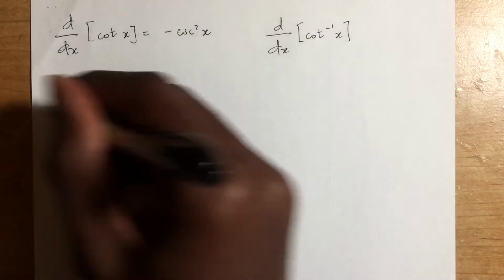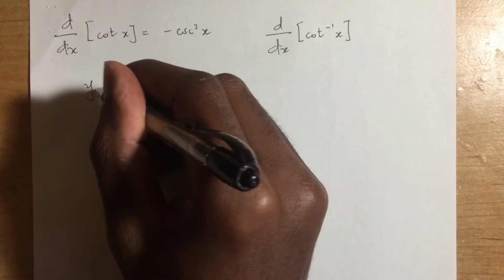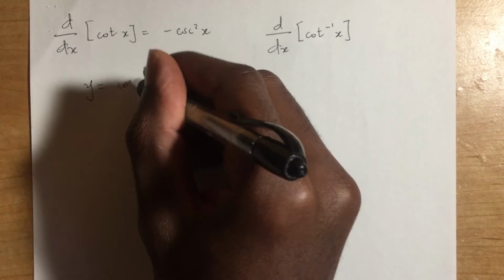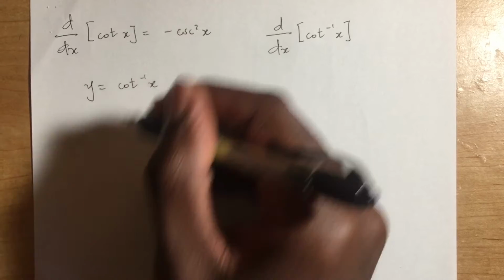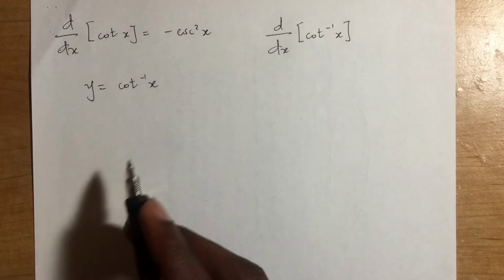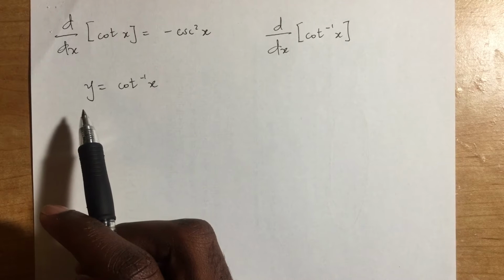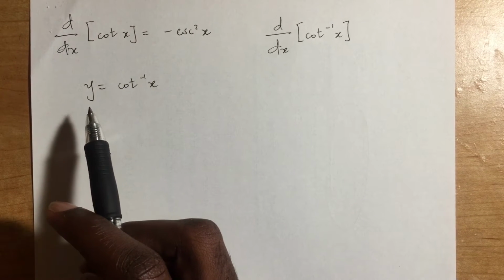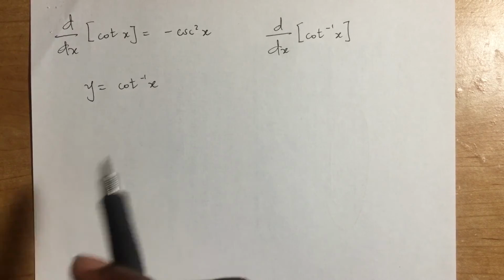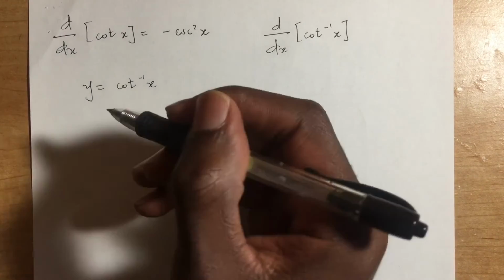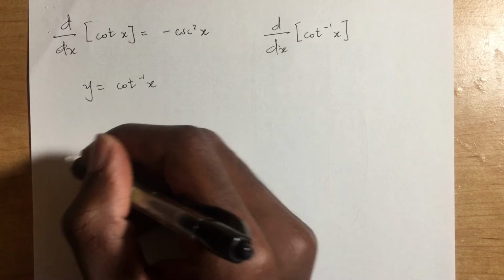Basically, let's say we're faced with the problem y equals cotangent inverse of x, and we need to find what dy dx is in this case. The first thing we're going to do is rewrite this in something we know how to differentiate.